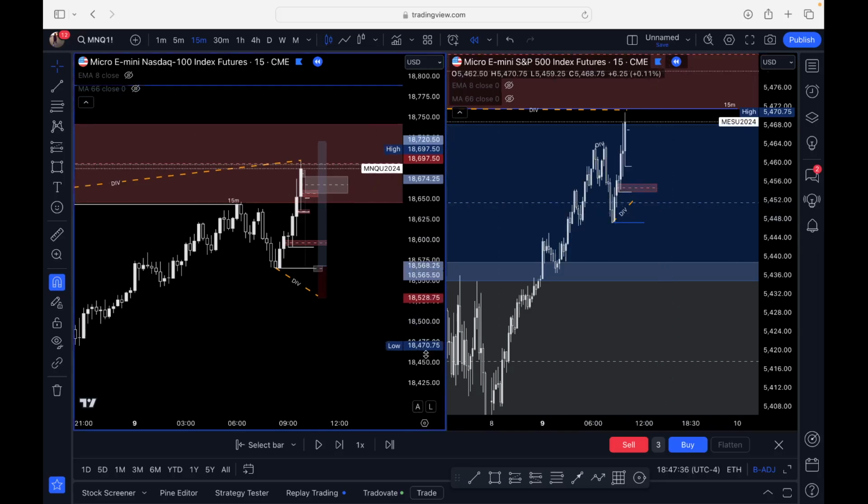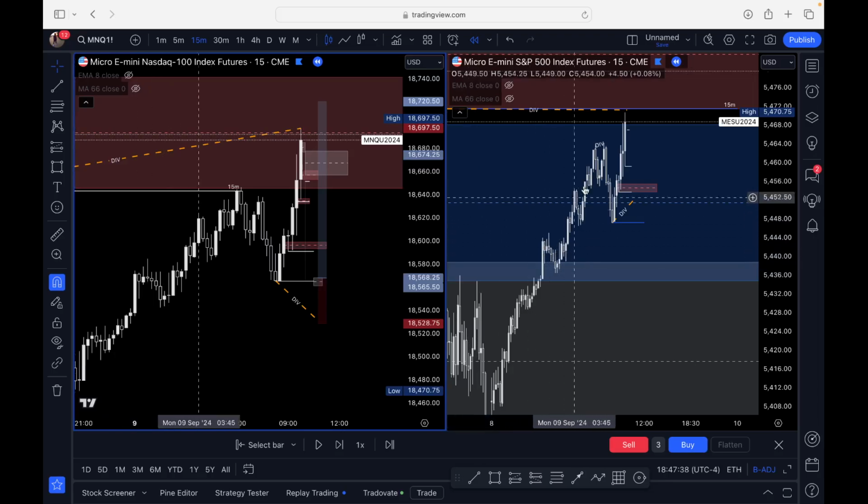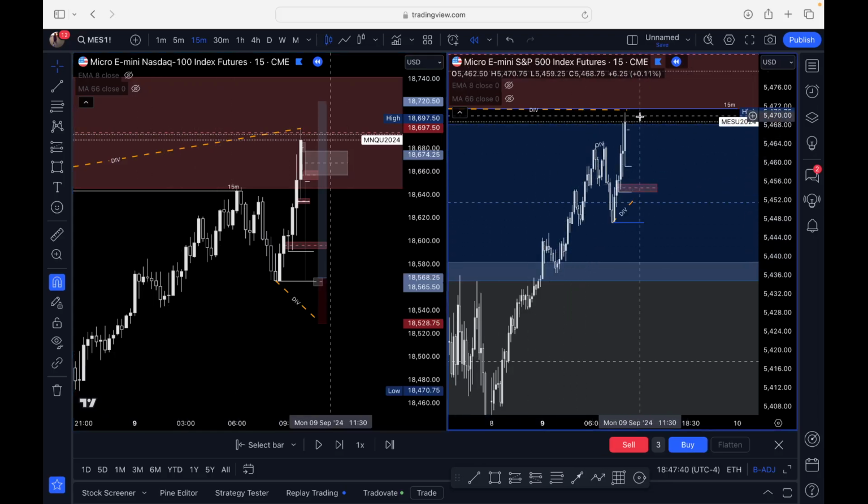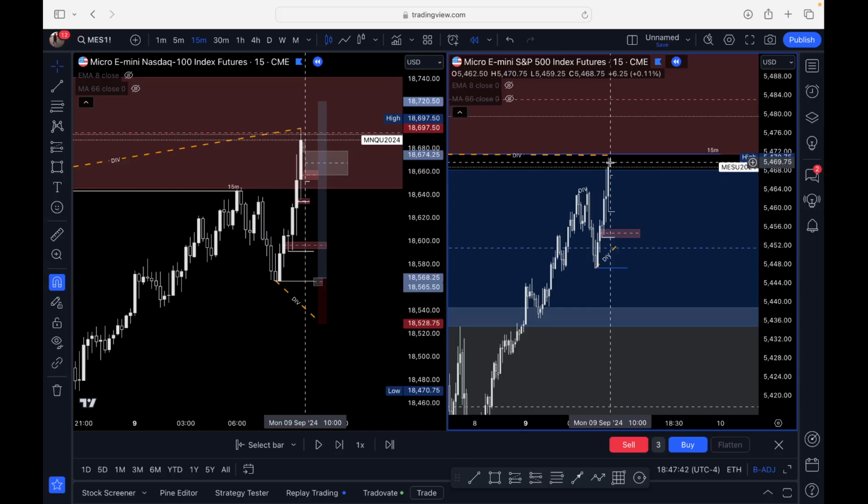But the tricky thing about this trade is that we're very close to the divergence being broken. In situations like this, I've never been presented with this before. Looking back at it, I should have let the divergence be broken and then recalibrated my whole idea on where the draw was on price.